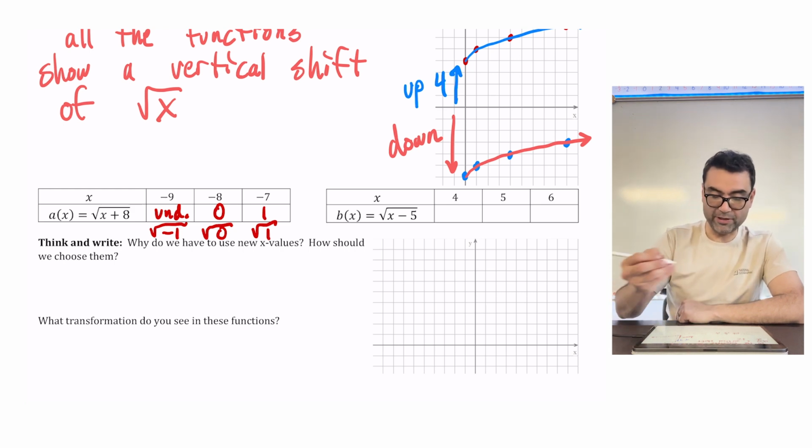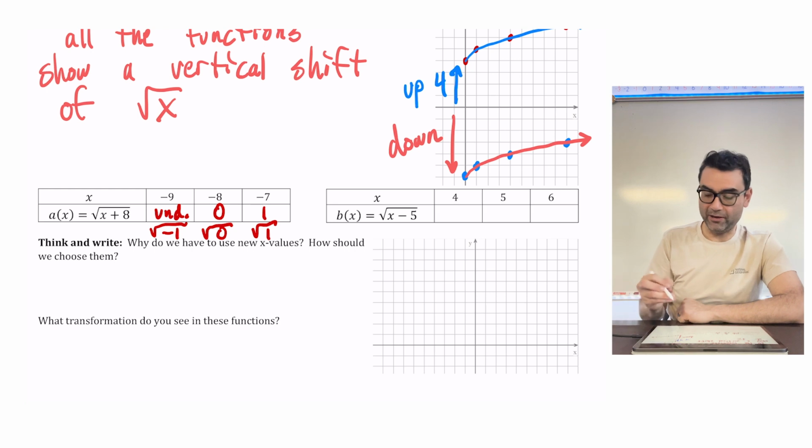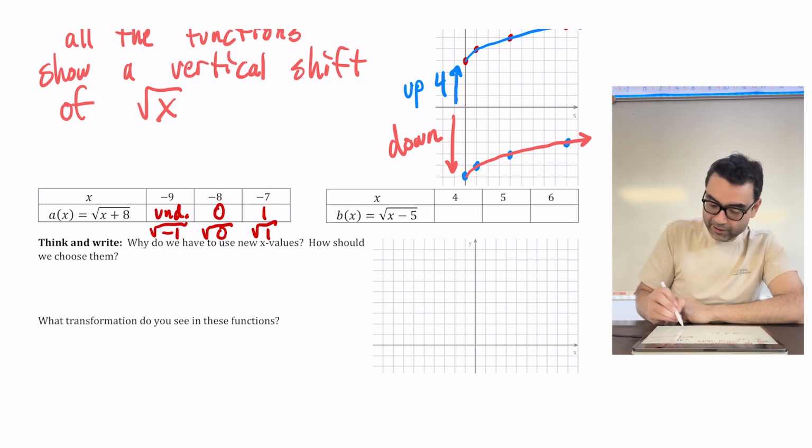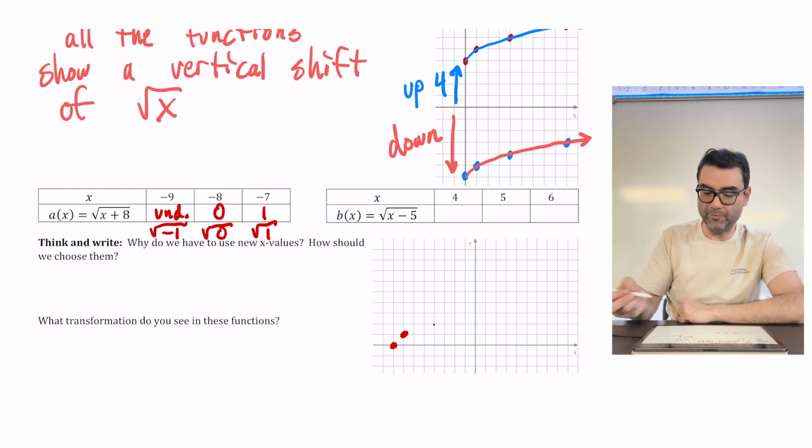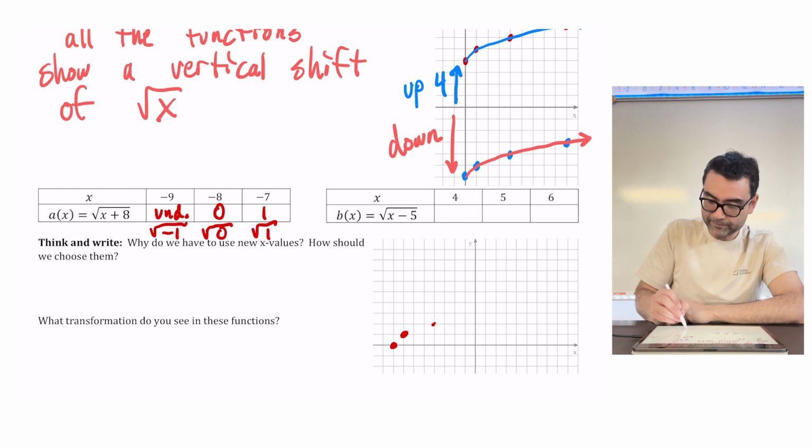So actually, let me just go ahead and graph a of x first. So the undefined value is at -9, but at -8, we have the beginning value of our function. So -1, 2, 3, 4, 5, 6, 7, 8. And then at -7, it goes up 1. And I know my table doesn't continue, but if I copy the same shape as the previous functions we've looked at, the next point will go up 1 over 3.